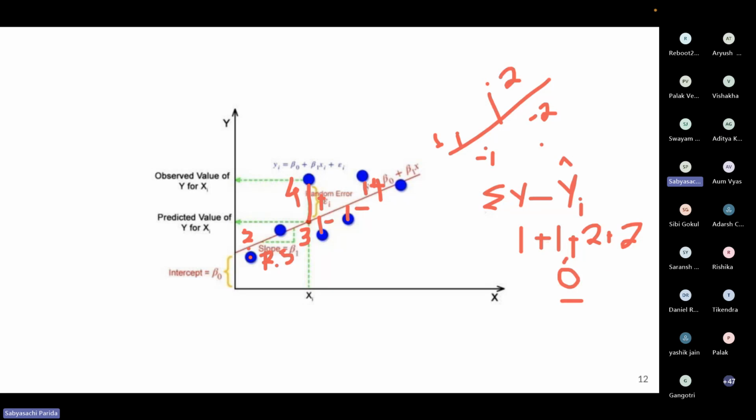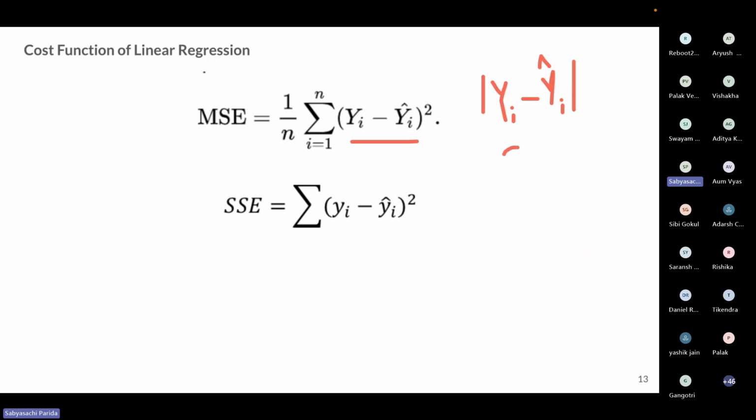So the total error would be coming as 6 in place of 0. So this would solve the particular problem, as Swayam was saying, that it would not cancel my positive and negative. So by taking an absolute, it will solve the particular issue, right?